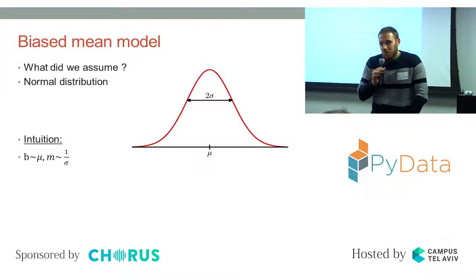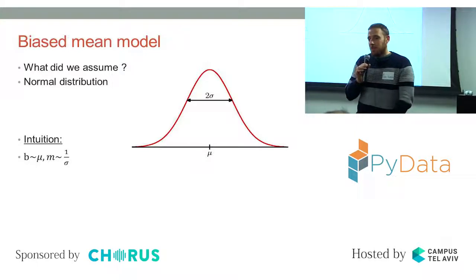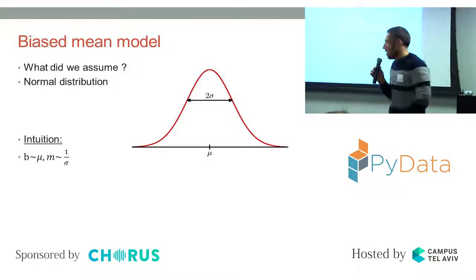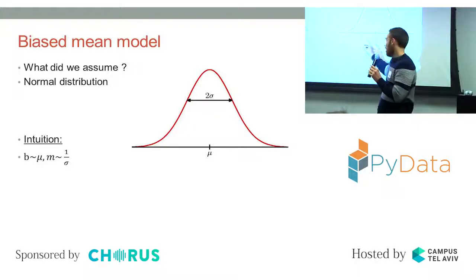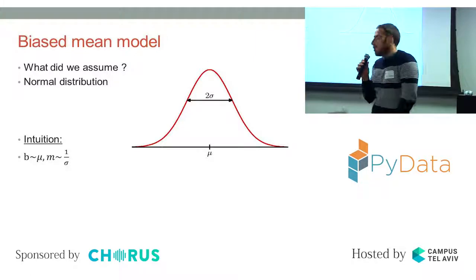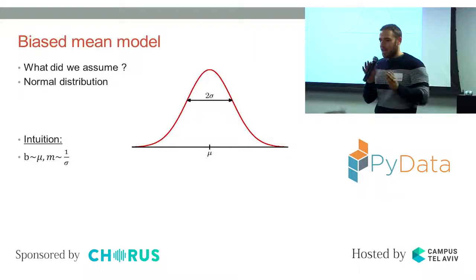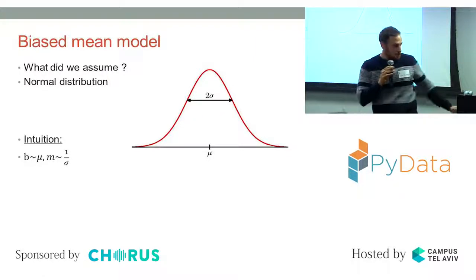Basically, we assumed that the distribution of dwell times is a Gaussian. For some intuition as to why, the overall assumption is going to look around B, around our bias, and it's going to be as wide as our mass is.